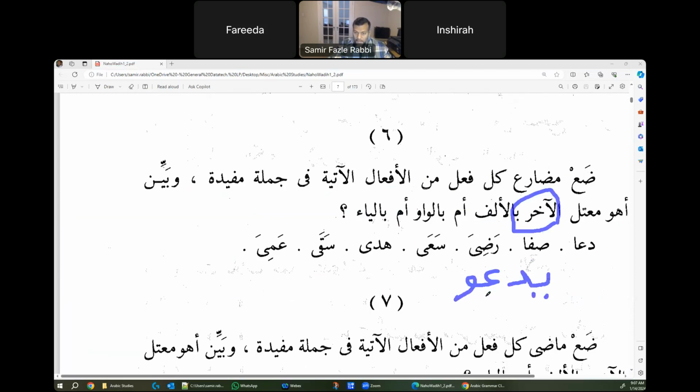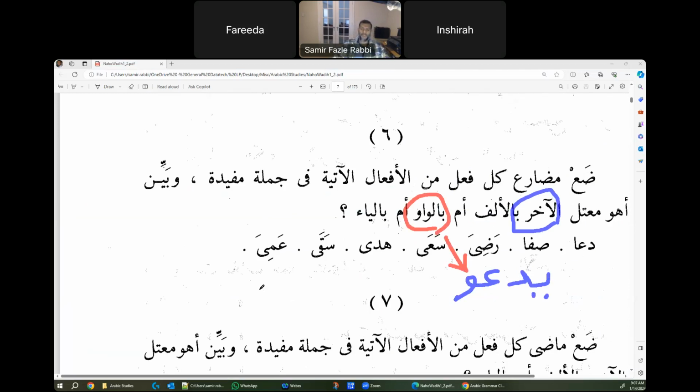Ya, dal, ayn, waw, and so in this particular one, the mu'tal is a waw. Okay, so everything they have here is a mixture of alif, waw, and ya.